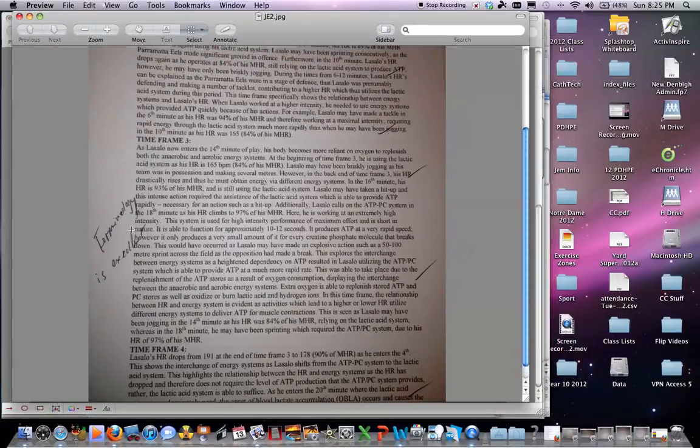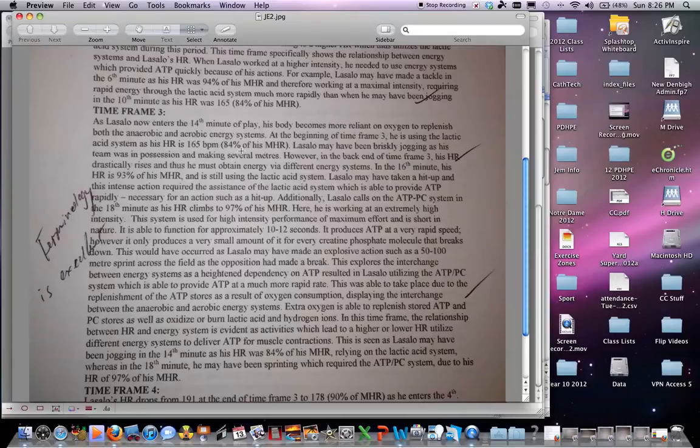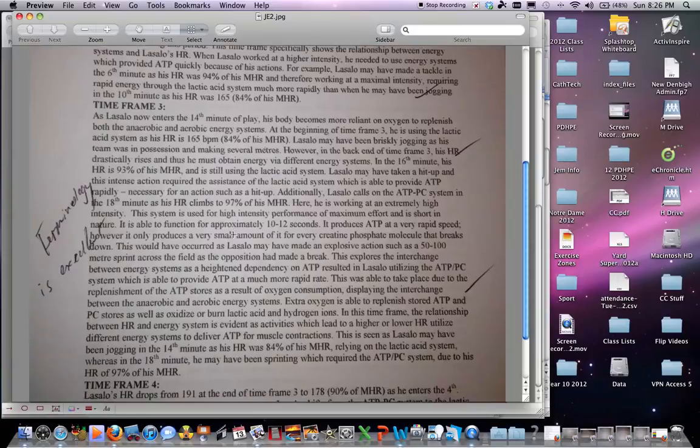The comment here I've made in terms of terminology is really good. Elias has made sure he's used correct terms throughout. And again, if you look at, he's talked about what minute, he's talked about the energy systems being used and how that is relative to the game that's taking place.